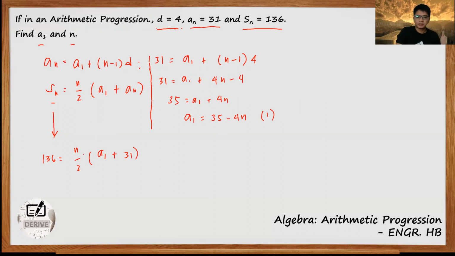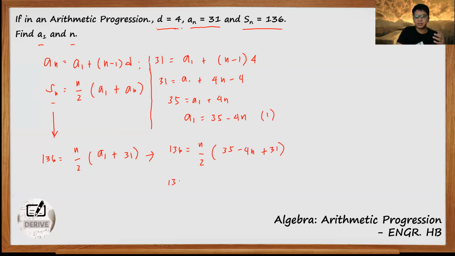And kulang dito n and a1, pero meron tayo way back on our first equation, meron tayong a1 is equivalent to 35 minus 4n. So we can direct insert that a1 into this, so it will become 136 is equal to n over 2 multiplied by 35 minus 4n plus 31.